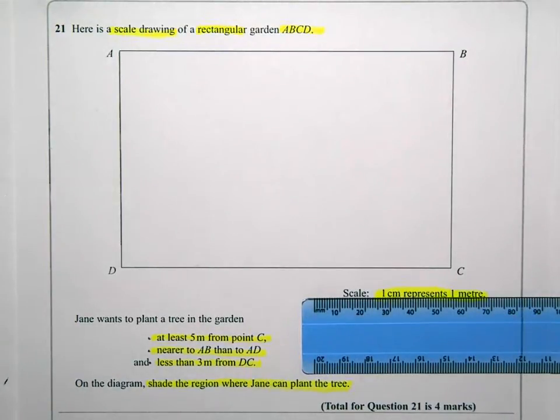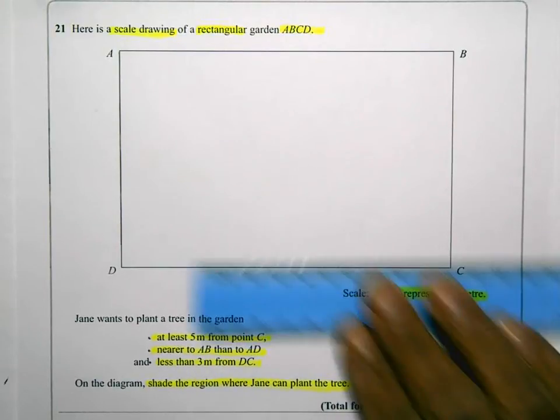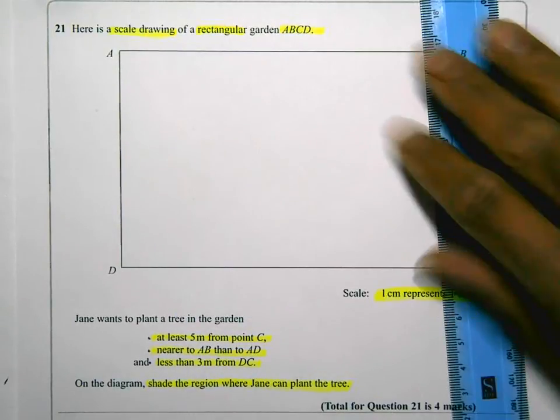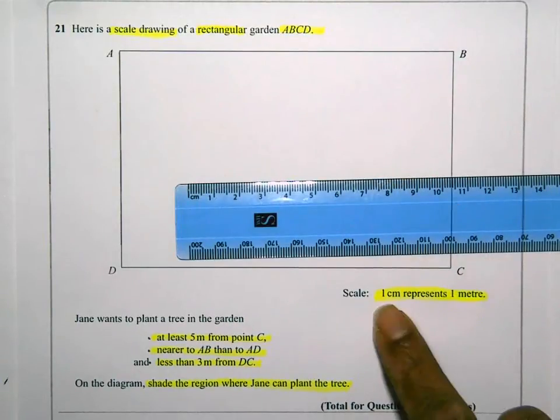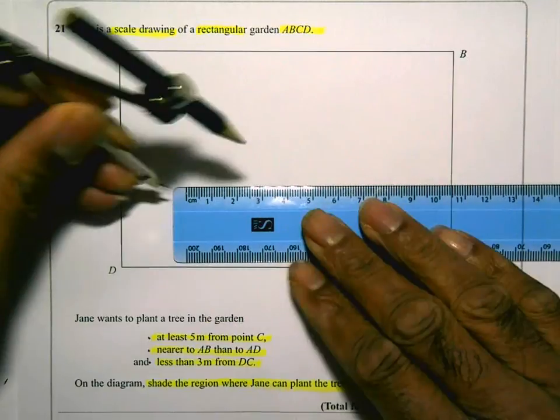Now the first condition says the tree needs to be at least 5 meters from point C. So 5 meters on this diagram is going to be 5 centimeters because 1 meter is 1 centimeter. So I'm going to use a compass for this one.